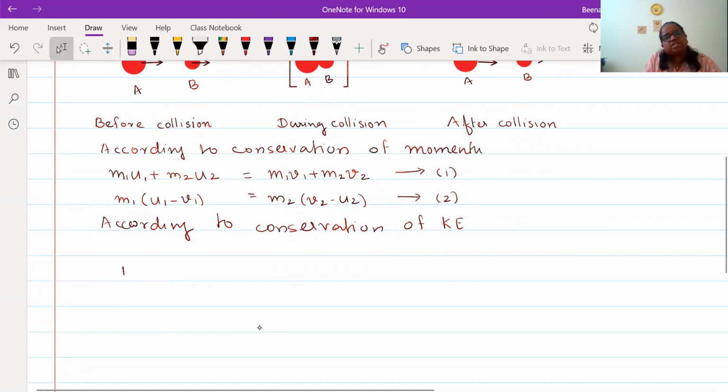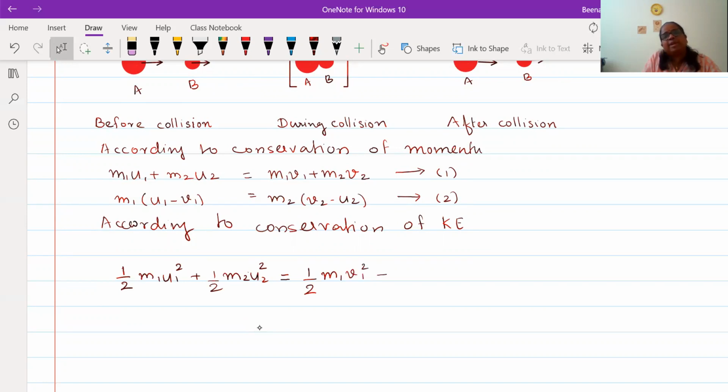The total kinetic energy before collision is half m1 u1 square plus half m2 u2 square. That will be equal to the total kinetic energy after collision, which is half m1 v1 square plus half m2 v2 square.